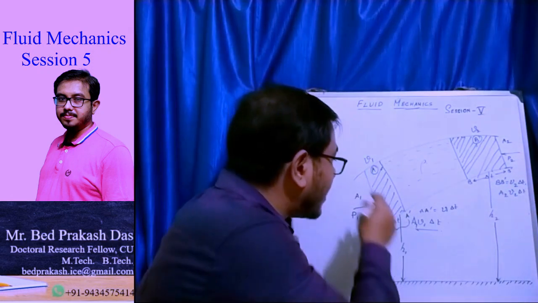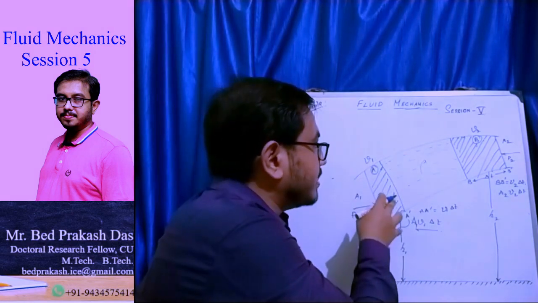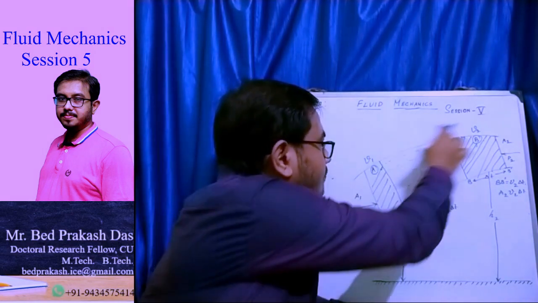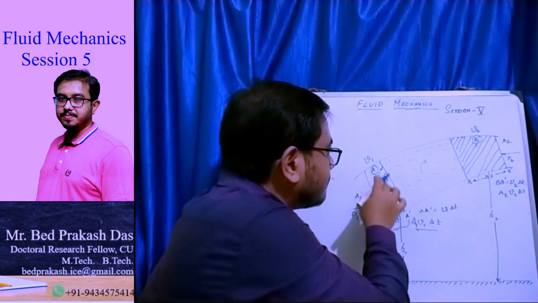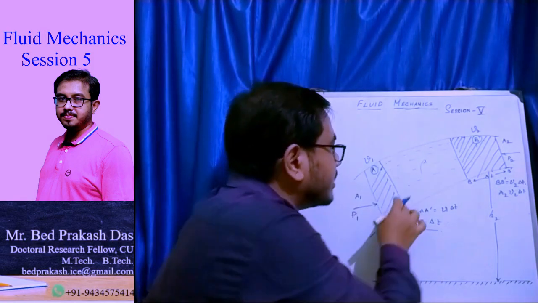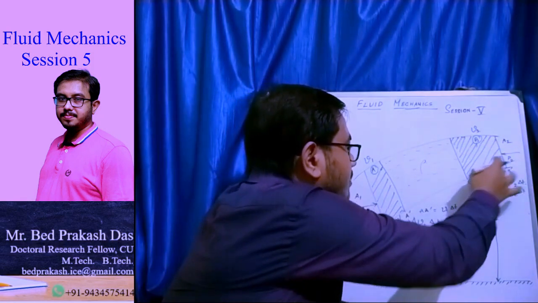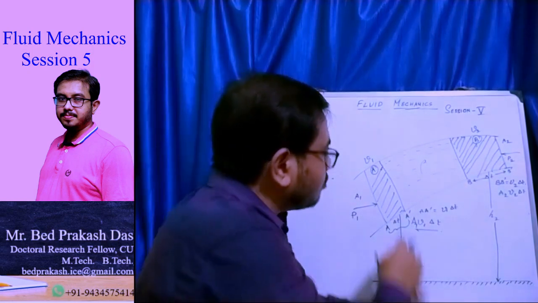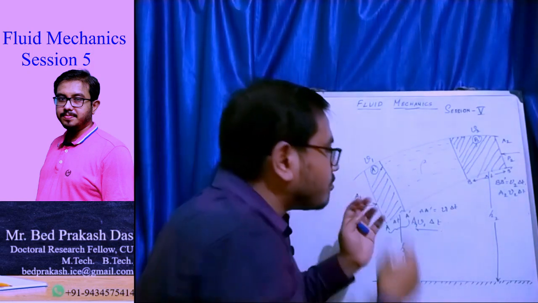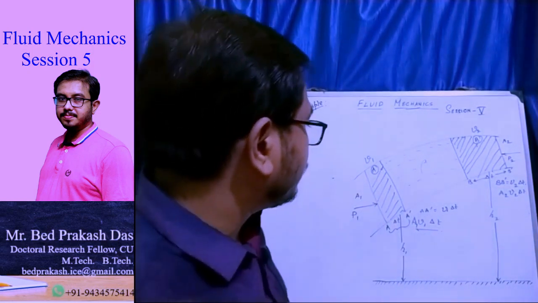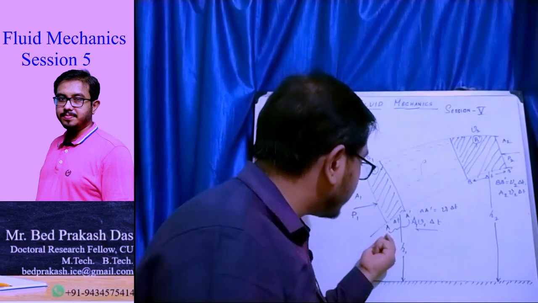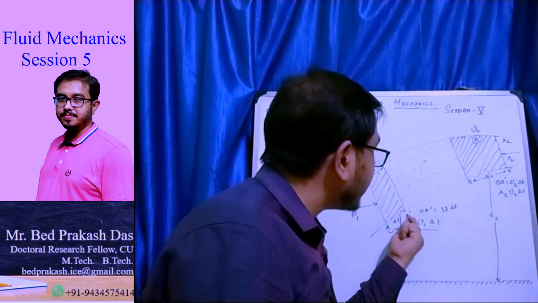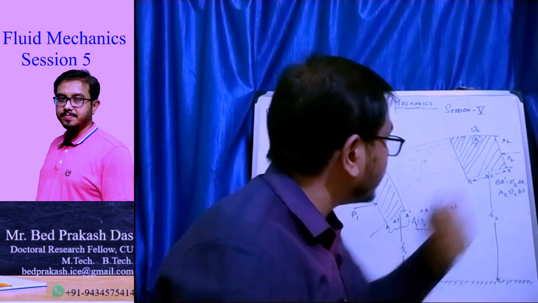The total mass of fluid has a portion over here and a portion over here. Both portions take the same amount of time delta t to travel from A to A dash and B to B dash.